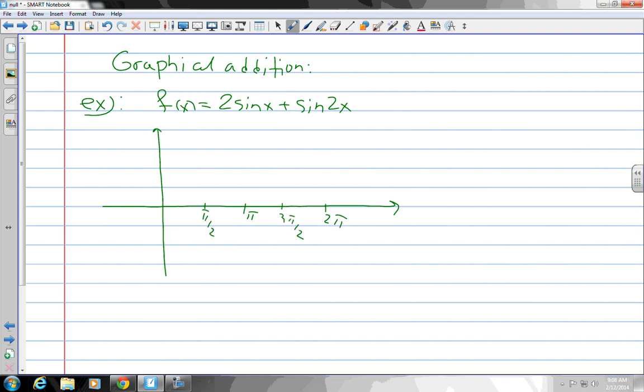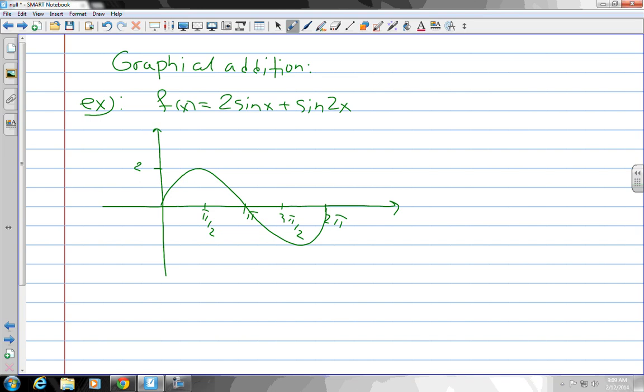Let's just do one period. So the first one, 2 sine x, is going to be something like that, right? So it's stretched by 2 vertically, while the other one has a smaller period.